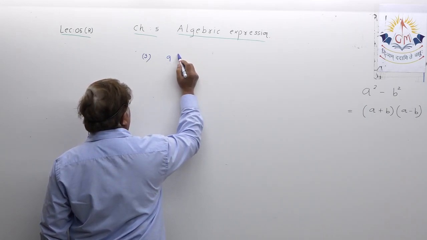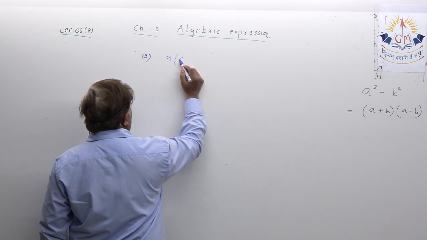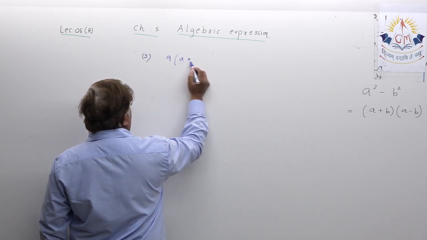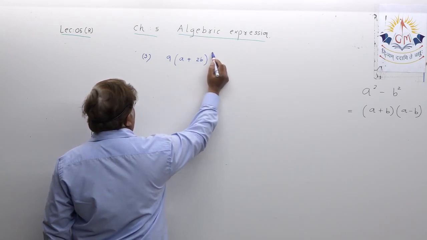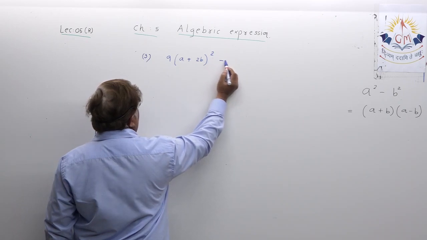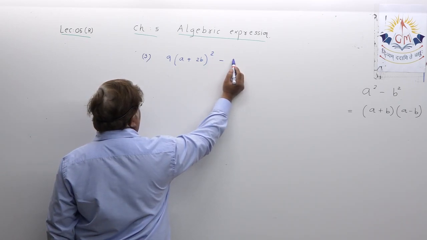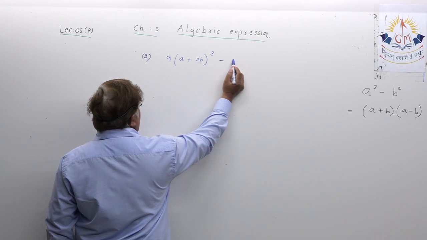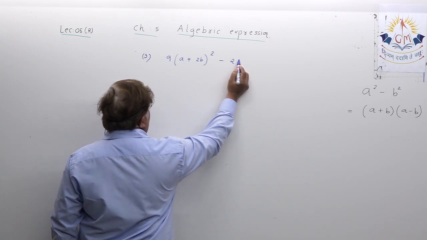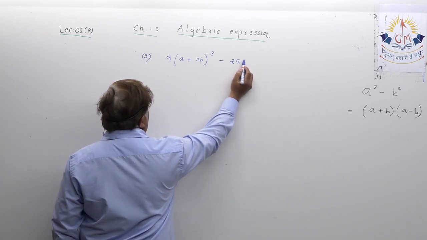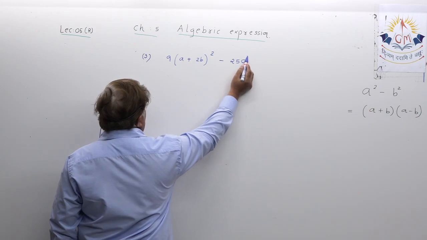9 times (a plus 2b) whole square, minus 25 c square.